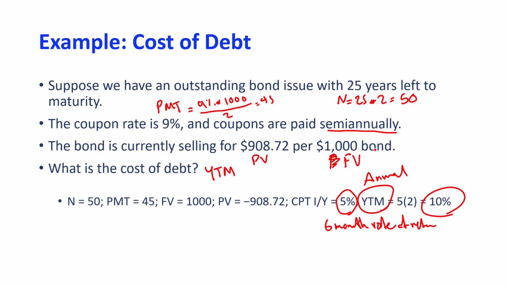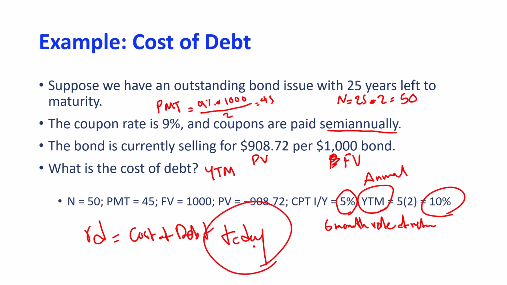So this 10% is going to be an estimate of the cost of debt for the company today. This is the marginal cost of debt. So this is the opportunity cost of lending to your company. This is how much lenders will charge today if they want to give you the money today.